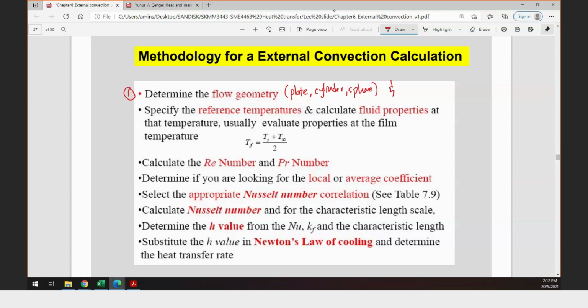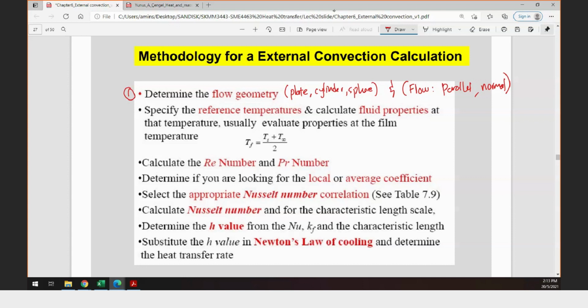And you also need to know whether the flow is parallel or normal to the surface that you are interested to study, because these two conditions will affect the effective area that you will analyze, as well as the correlation that you will choose.